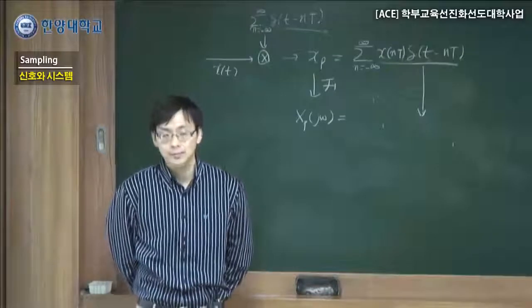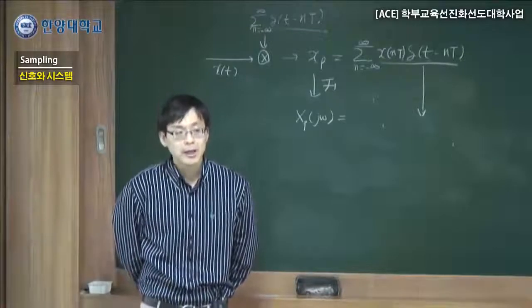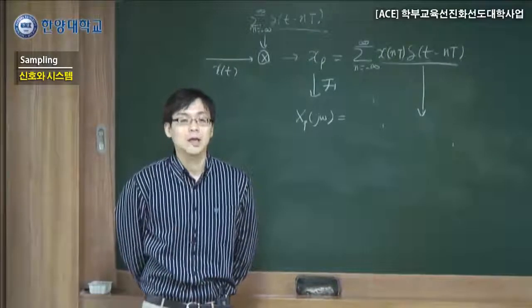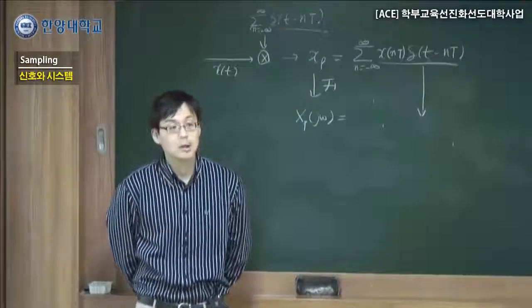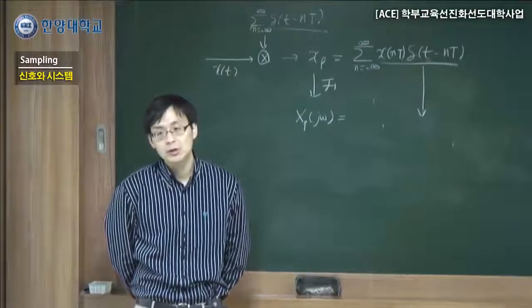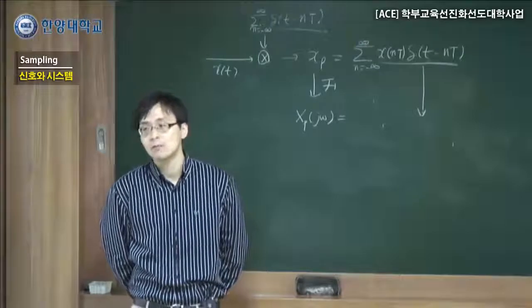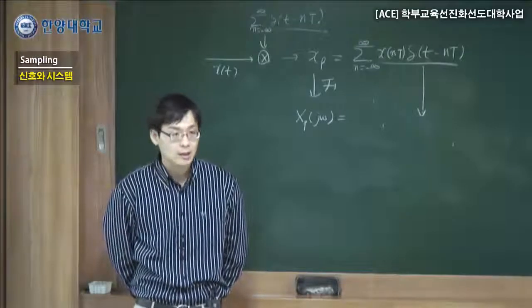So in Fourier transform, convolution in time domain becomes multiplication in frequency domain. Likewise, multiplication in time domain changes to convolution in frequency domain. Is it right?